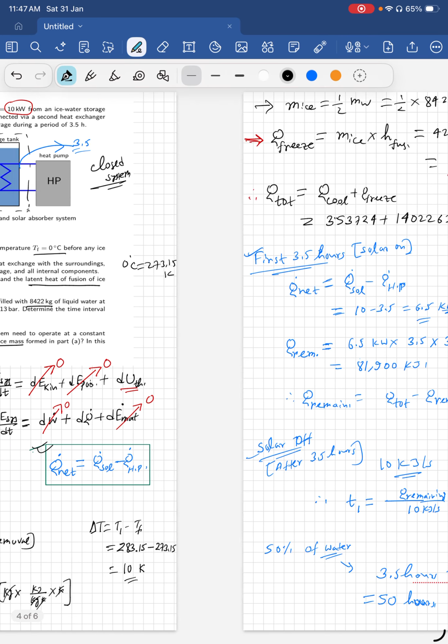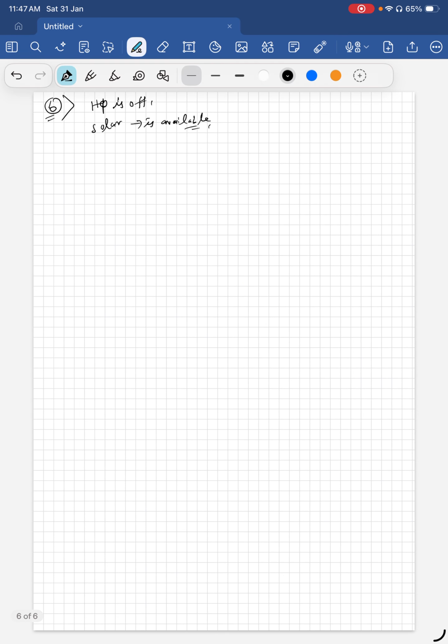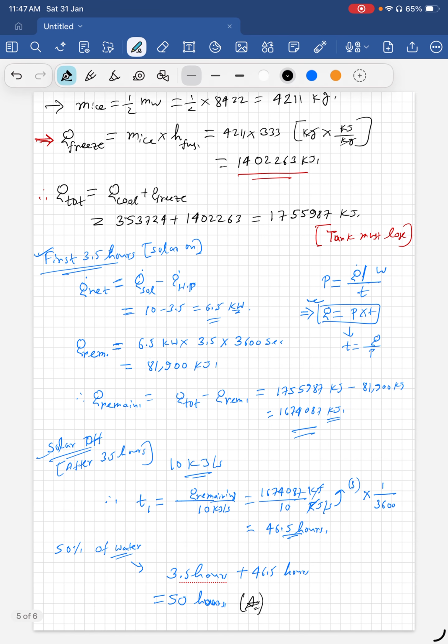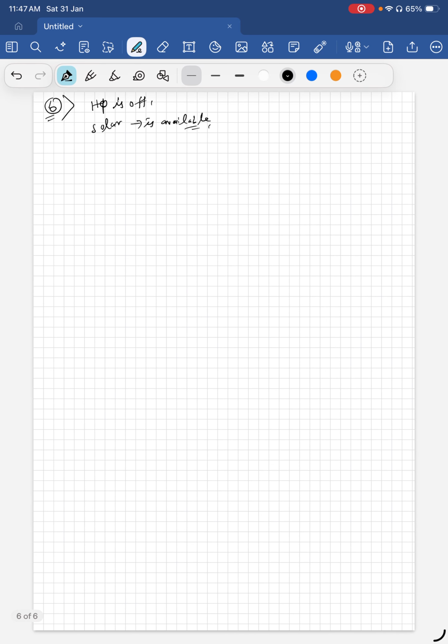So now we have already calculated the freezing energy, that is the ice energy, and at this moment the ice will start to melt. So we can write Q melt will be, we already calculated, 1402,263 kilojoule.